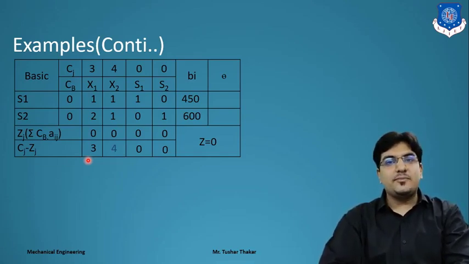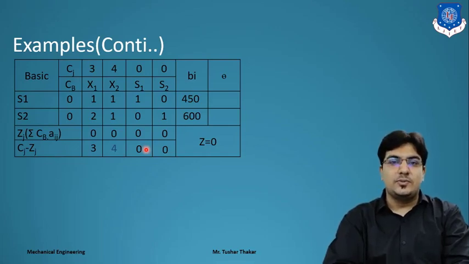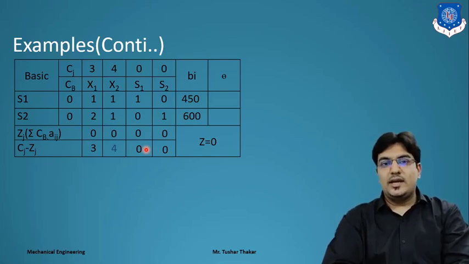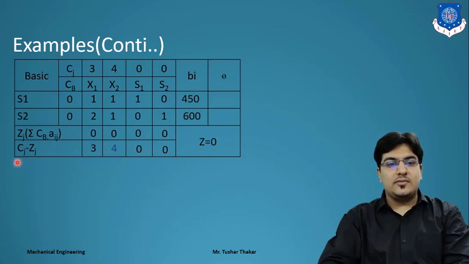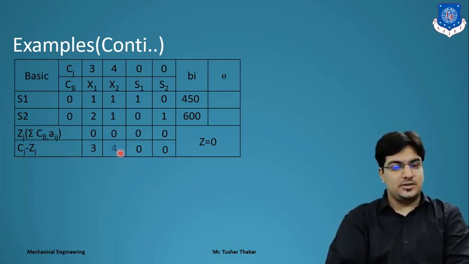For the minimization problem, cj minus zj should be greater than or equal to 0, and if we get that, the problem is solved. Here this is a maximization problem, and cj minus zj is not less than or equal to 0, so we do the next iteration.